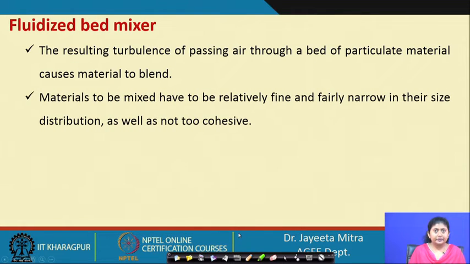Because in fluidization, there is a perforated sheet or cloth or tray through which we send high velocity air, so that the particles which need to be dried or mixed properly become suspended, and thereby proper mixing takes place. Because they are kept in a suspended or fluidized state by the application of high velocity air, we call it the fluidized bed mixer.